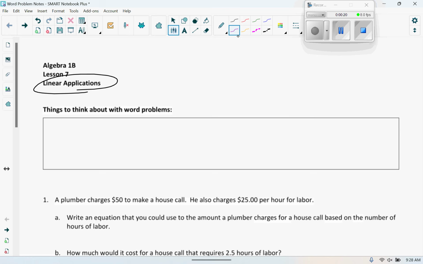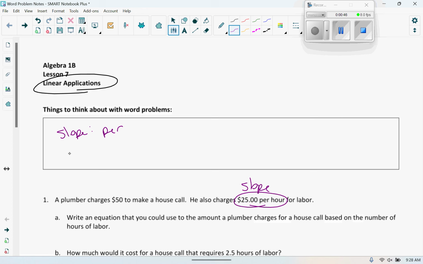Are you looking for the slope? A lot of times the slope has the word "per" in it. Like if you'll notice this one around here, $25 per hour, that is a keyword for slope. So something that just keeps reoccurring over and over, like a monthly bill or whatever, that is slope.